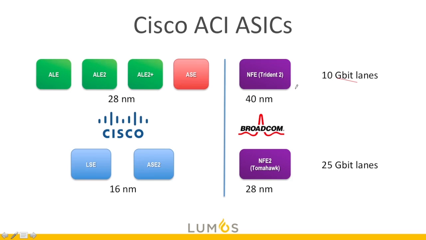These become the basis for 10 gig interfaces and 25 gig interfaces. But what about a 40 gig interface, you say? Well, for example, the Trident 2, which Cisco refers to as the NFE, Network Forwarding Engine, is comprised of 128 10 gig SerDes. So there are 128 of those coming out of the switch-on chip.